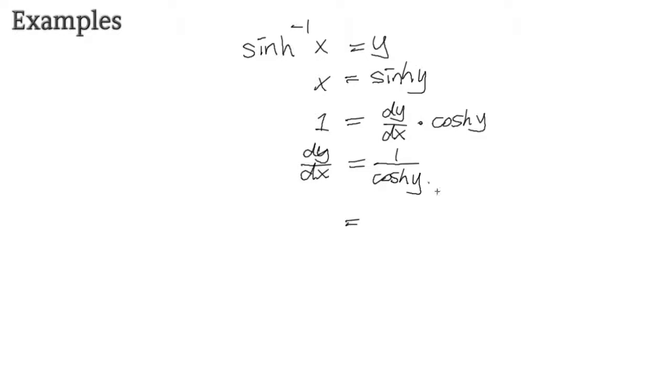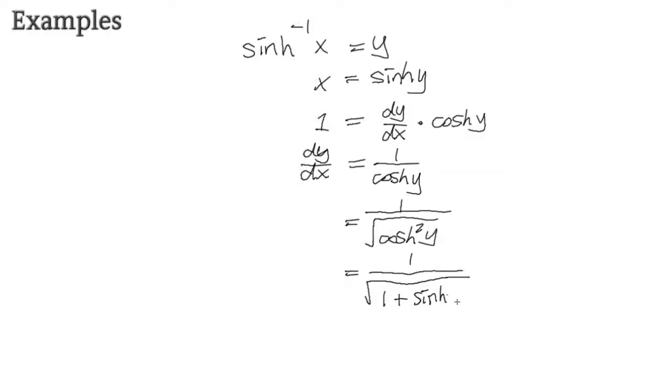So we have this expression. We can now substitute this with the square root of cosh squared y, and convert this using the identity that I talked about in the last video. We have cosh squared minus sinh squared equals 1, so we have 1 plus sinh squared over here.